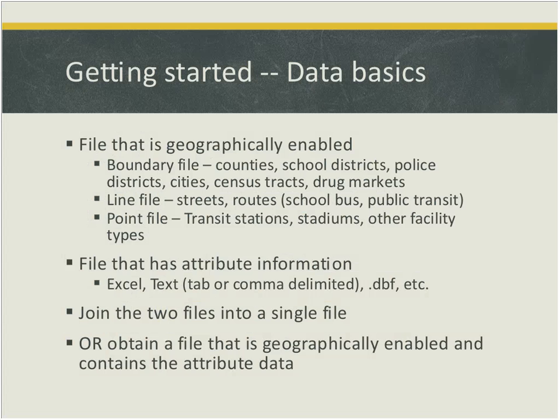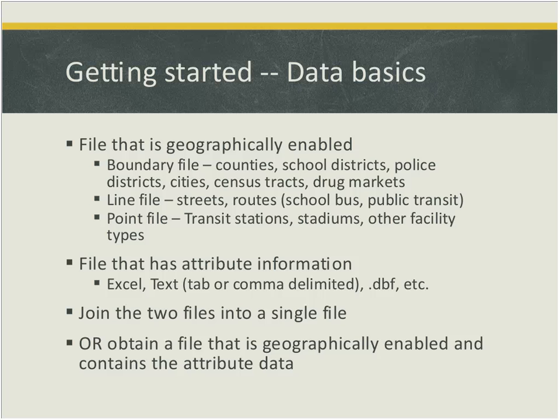You might also be studying things like streets. So you would have a line file of streets, or studying the relationship between bus routes and crime. So you'd have a file of bus routes, which would be a line file. Or you could have a point file of transit stations, stadiums, other facility types. But you're going to have at least one geographically enabled file.